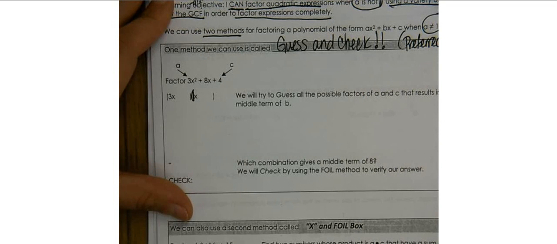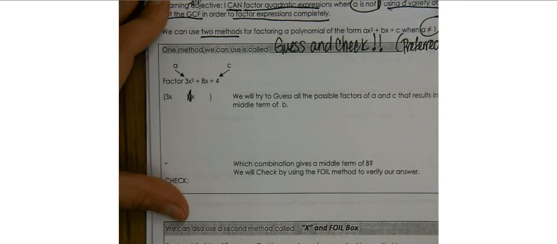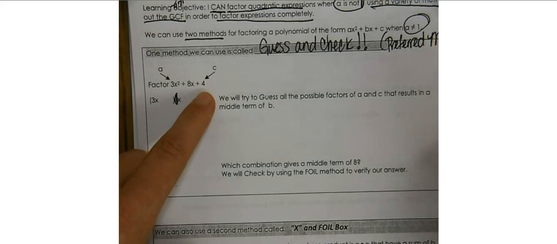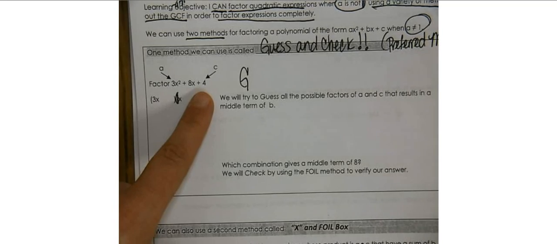So this is technically a 3x and a 1x. Now I'm going to work with the number 4. My goal is to work with the factors of 4 and come up with an 8.